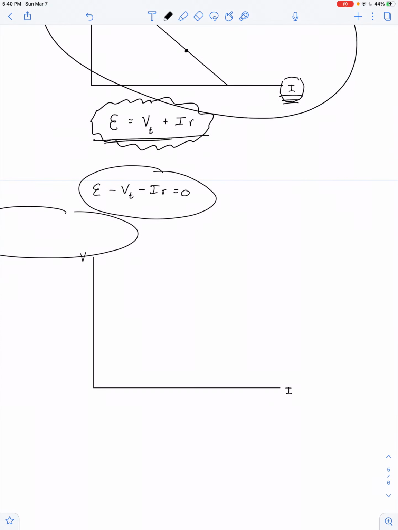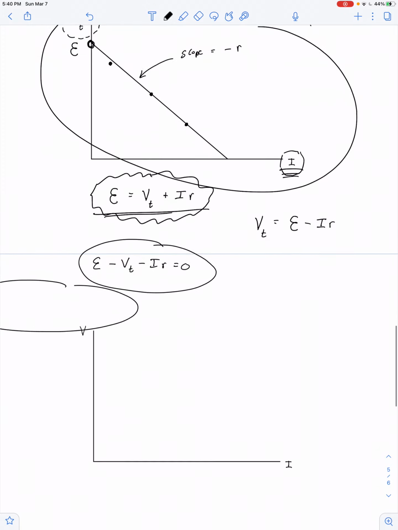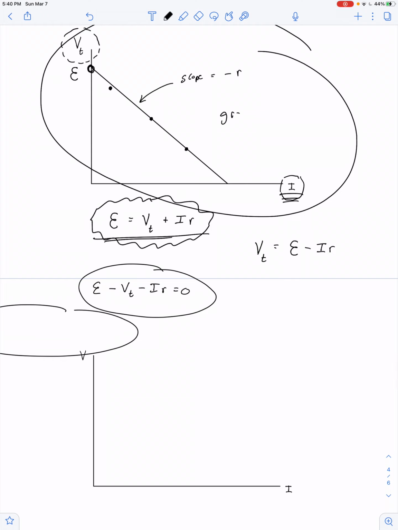Another way to say it is that the voltage across the terminals of a battery is equal to the ideal voltage minus the internal voltage drop due to the internal resistance. And in fact, that's probably the best way to say it if we want to describe the shape of this graph.